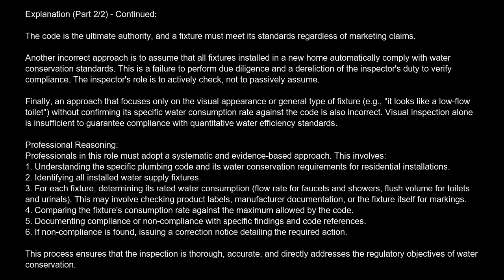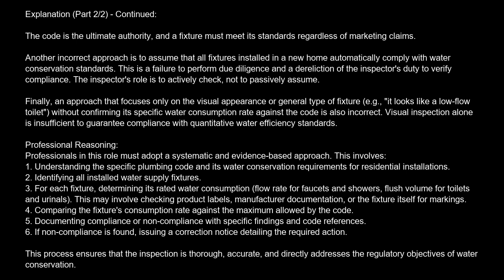This involves: 1. Understanding the specific plumbing code and its water conservation requirements for residential installations. 2. Identifying all installed water supply fixtures. 3. For each fixture, determining its rated water consumption, flow rate for faucets and showers, flush volume for toilets and urinals. This may involve checking product labels, manufacturer documentation, or the fixture itself for markings. 4.